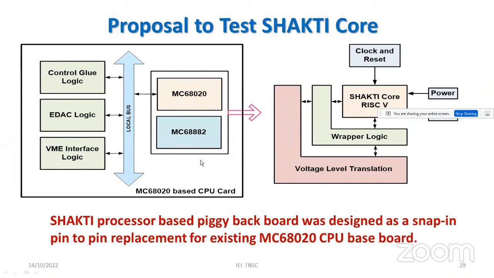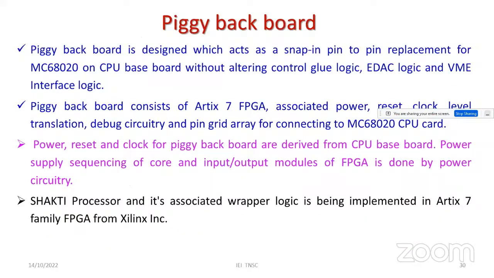This is our proposal. The 68020 and floating point processor are replaced with the SHAKTI IP core. Then wrapper logic is developed. A SHAKTI processor based piggyback board was designed as a snap-in pin-to-pin replacement for the existing 68020 CPU baseboard, without altering the control glue logic, EDAC logic, and VME interface logic.